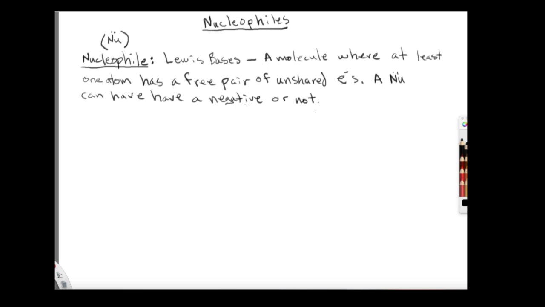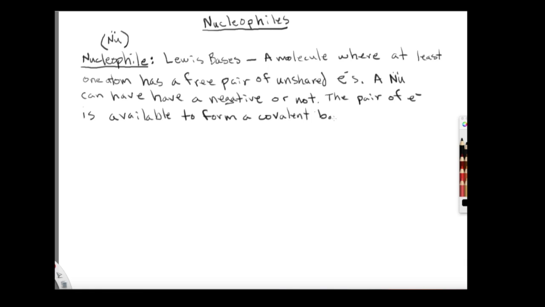Before I get into the examples, it's a molecule where at least one atom has a free pair of unshared electrons, and the pair of electrons is available to form a covalent bond.